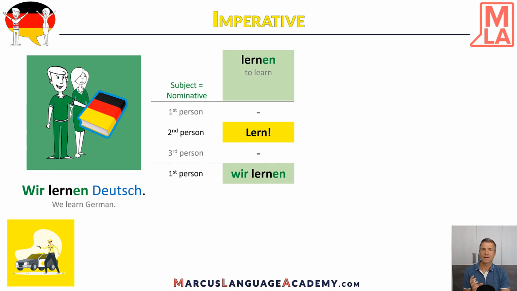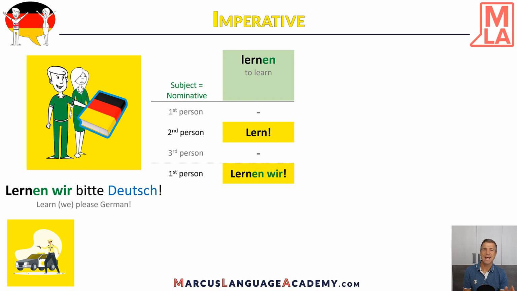The verb and the subject, the pronoun, change position. Lernen wir would be the imperative. Learn we. So lernen wir bitte Deutsch. Learn we please German. Lernen wir, imperative. So it switches position.